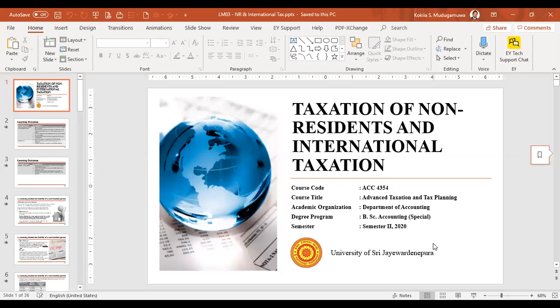We discussed that yesterday. So today we are going to discuss the balance, important part of non-resident taxation.